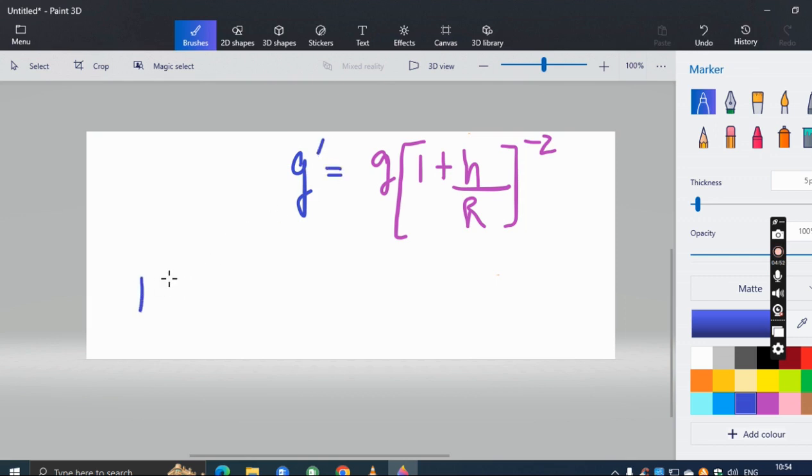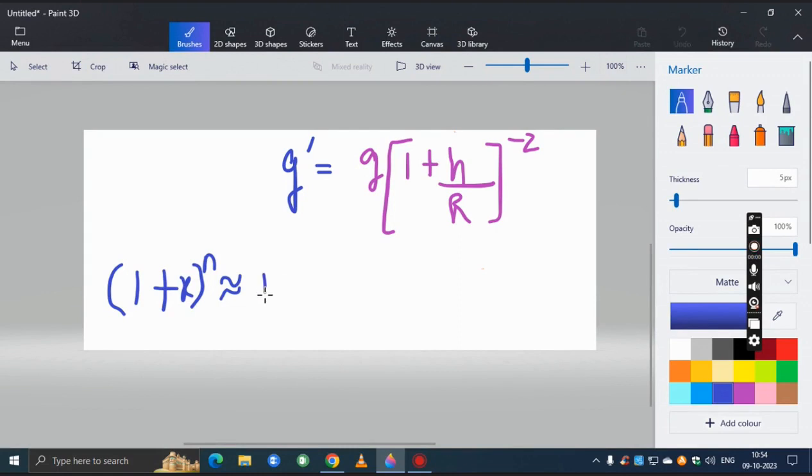Binomial approximation says that (1 plus x) raised to the nth power is approximately equal to 1 plus nx, where x is much lesser than 1.